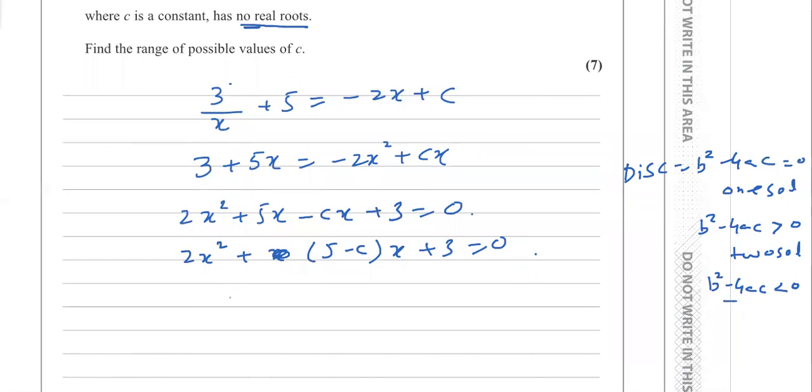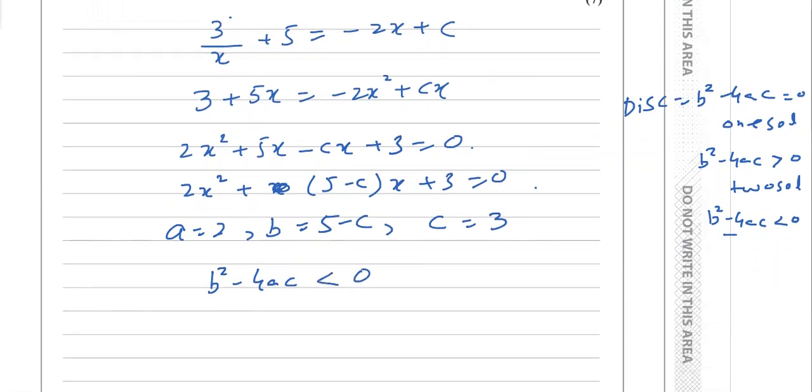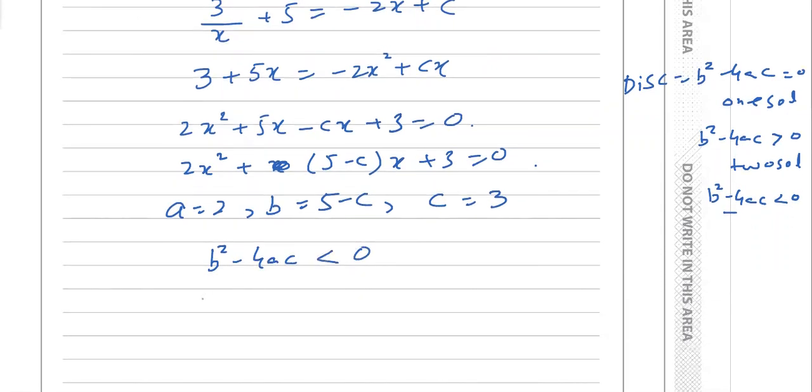Now using this condition, a is equal to 2, b is equal to 5 minus c, and c is equal to 3 for this quadratic equation. So taking b square minus 4ac less than 0, I get (5 minus c) square minus 4 into 2 into 3 is less than 0.